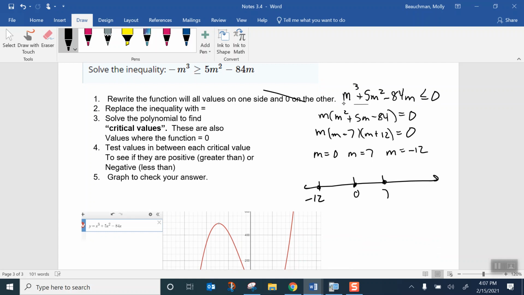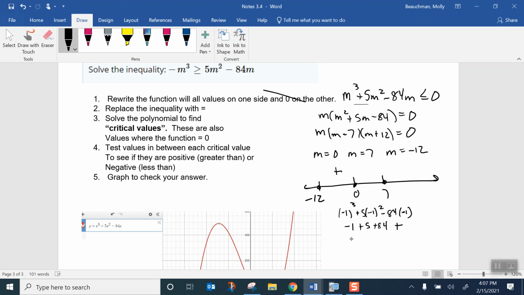So if I put a negative 1 in, negative 1 cubed plus 5 times negative 1 squared minus 84 times negative 1, I'm going to get negative 1 plus 5 plus 84, which is positive. So that means for all the values between negative 12 and 0, I'm going to get greater than or equal to 0.